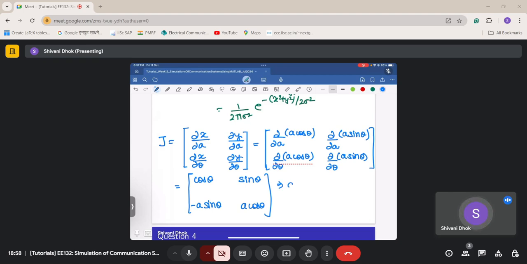Which implies if I take the determinant of J, that will be equal to A cos square theta plus A sin square theta, which comes out to be equal to A.